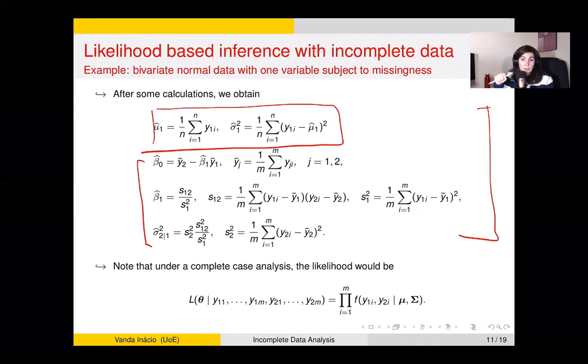We assumed ignorability, but in that case the results coincided, as I have mentioned, with the results that we would have obtained from a complete case analysis. But here it's not the case, because remember that we had y1 and then y2 only had the first m observations. And so if I do a complete case analysis, basically I'm ignoring this part and I'm just retaining the first m observations of y1 and y2.